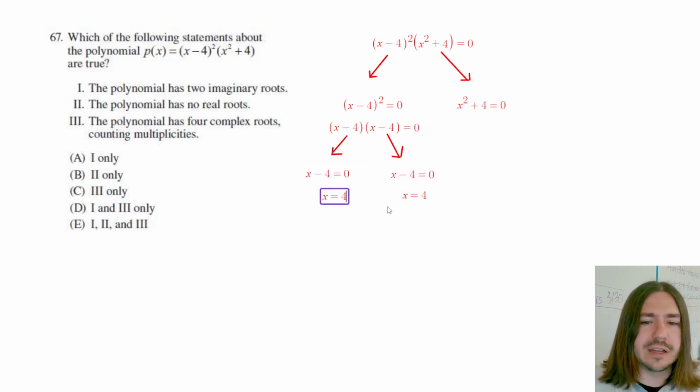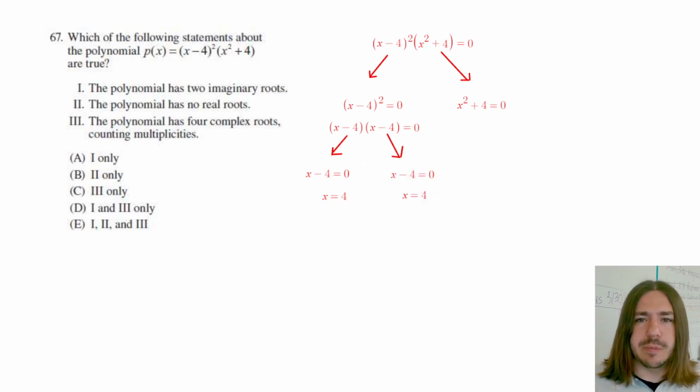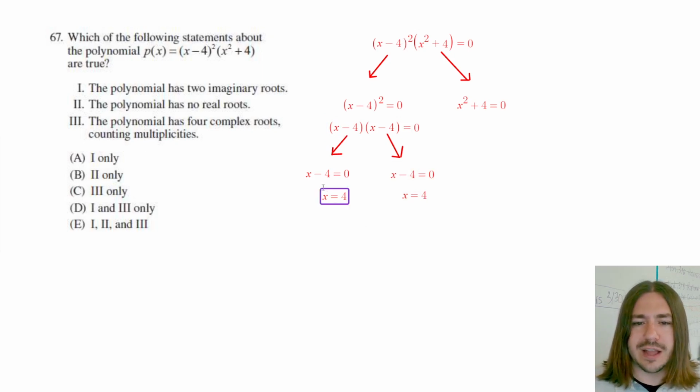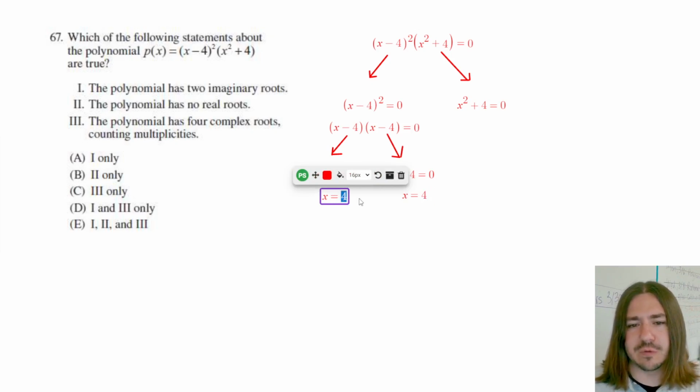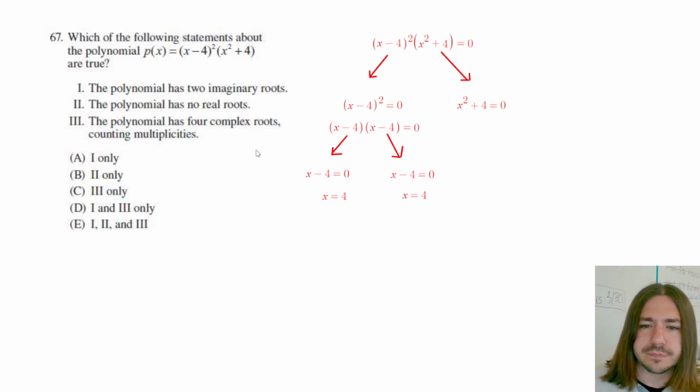If a root ends up appearing more than once, then we say it has a multiplicity equal to the number of times that it appeared. So since we got x = 4 twice, we do have 2 real roots. I guess you could say x = 4 has a multiplicity of 2. So one unique real root with a multiplicity of 2, or you can think about it as just 2 real roots that happen to be the same.